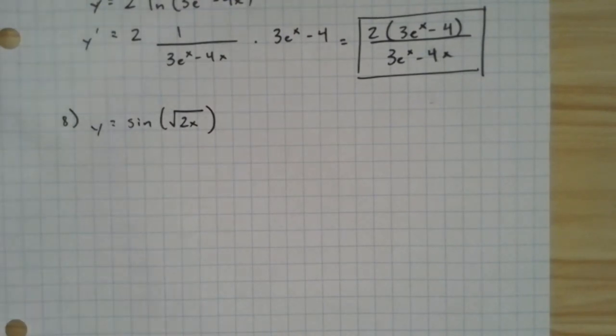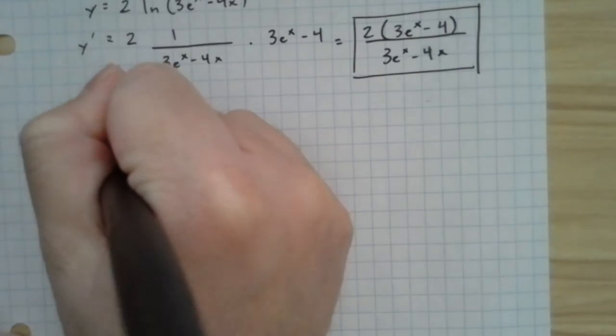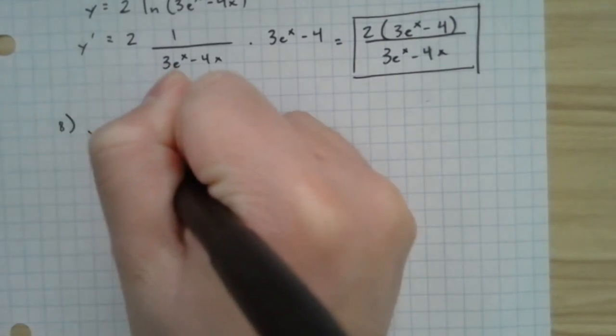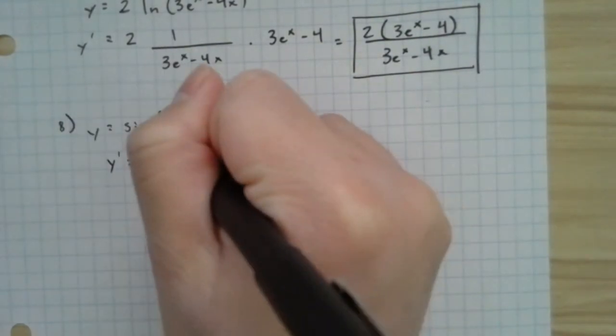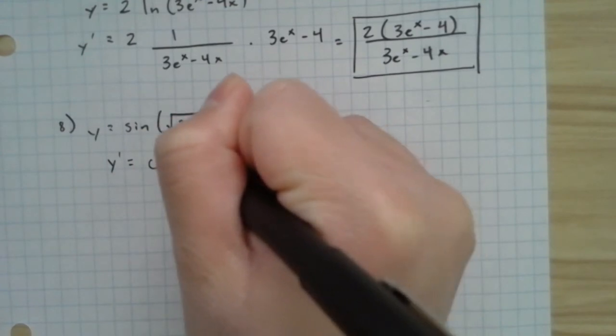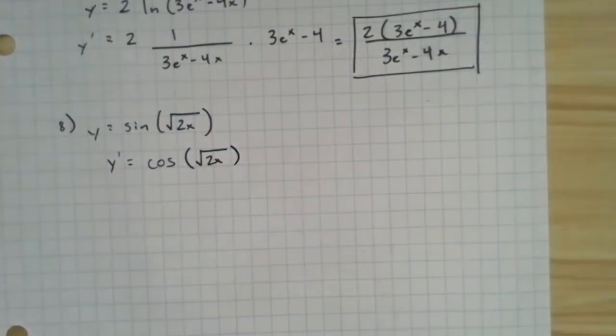Sine of the square root of 2x. So the chain rule here would be, the derivative of sine is cosine, and then the square root of 2x times the derivative of the inside.